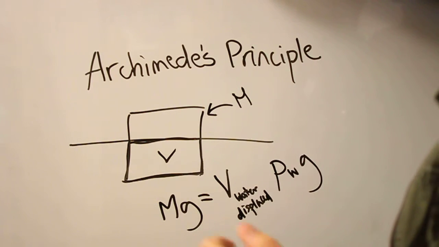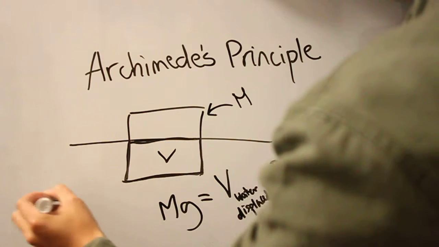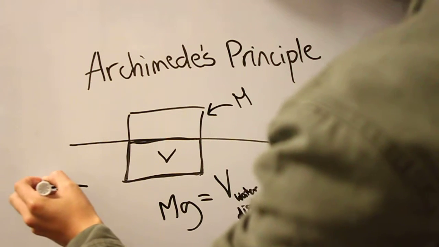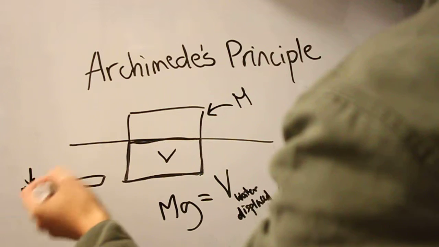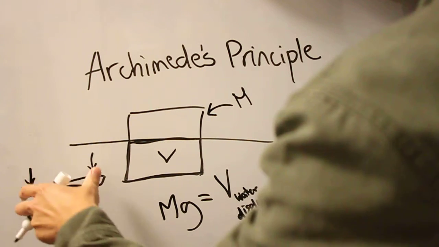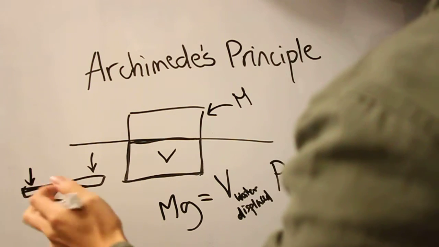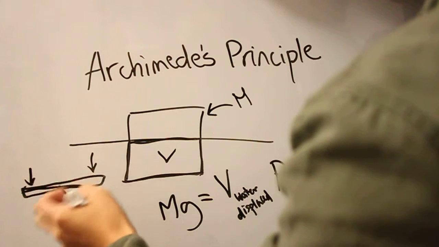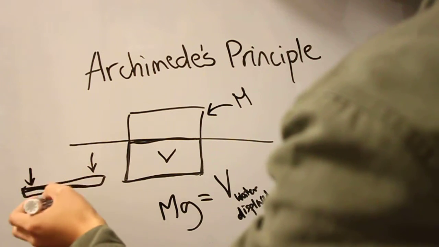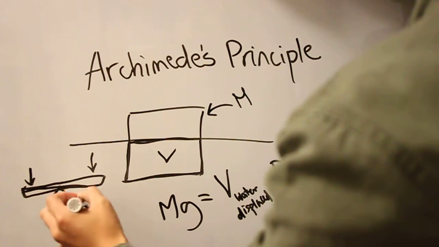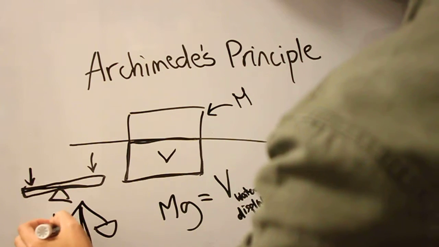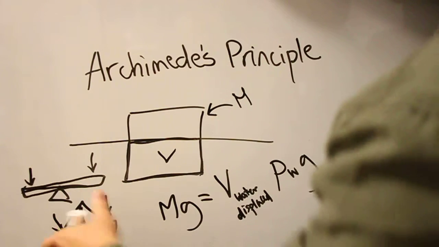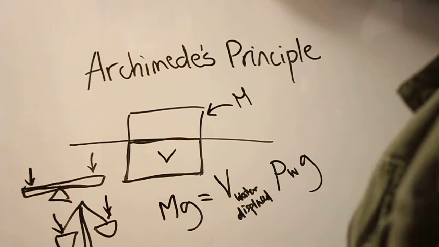We know that when you have seesaws, you have a balancing act going on. Everything on this side has to equal the same weight as everything on this side, or else your seesaw will tip. Or this is a bad example because torque is involved, but if you think of scales where torque isn't a problem, then everything on this side is balanced with everything on this side, or else you would have rotation here.